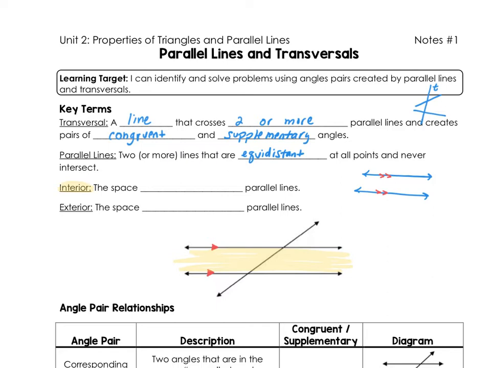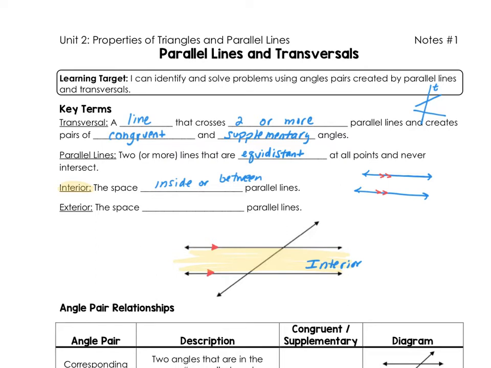Okay, so we're going to say the space inside or between parallel lines. So I'm going to write a little note here that this is interior. Okay, so it's between our two parallel lines.